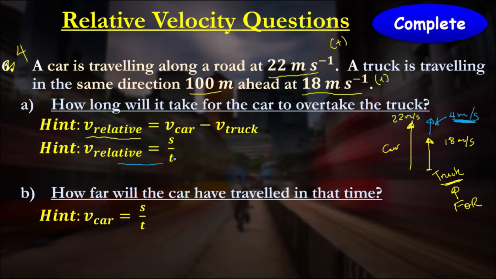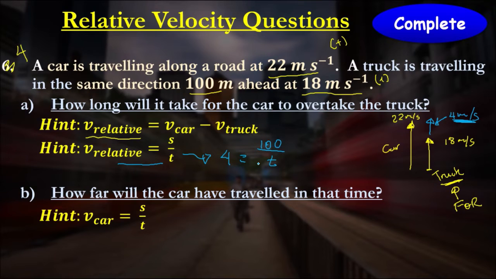Velocity equals displacement over time. The reason why we can use this formula here is because we didn't say that the car is accelerating. So if I have a relative velocity of 4, my displacement is 100 over time.